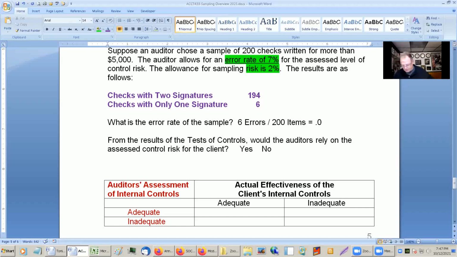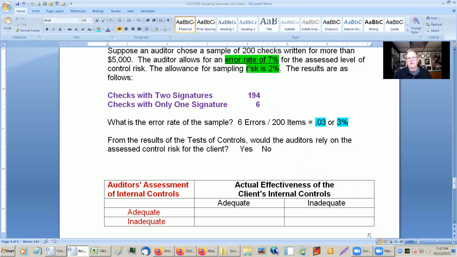Yeah, 3%. So this would be our error rate. Our error rate would be 0.03 or 3%. Again, it's not in dollars because we don't look at the dollars.